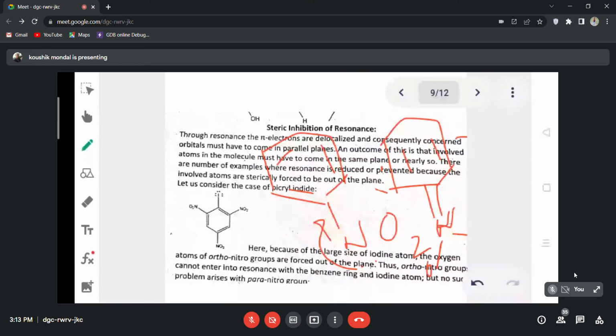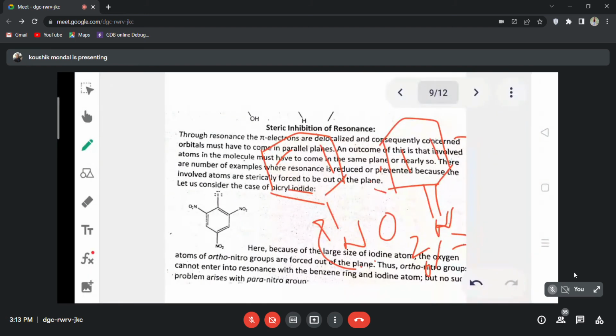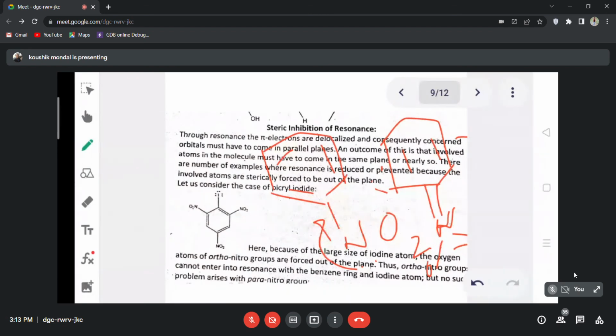This is oxygen and this is double bonded oxygen. So this C-N bond will be shorter.